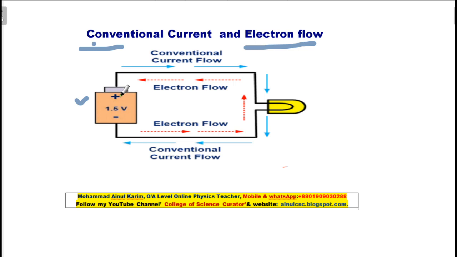Current flows from the positive terminal to the negative terminal. That's called conventional current. When there is energy flowing from the positive terminal to the negative terminal, the filament lights up.